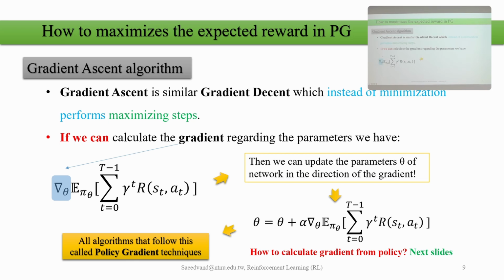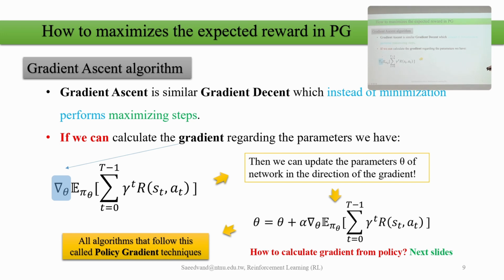So now what we want to do, we say, okay, this term over here is the gradient of the parameters of the expected reward. If you remember, we were calculating the gradient, the amount of change, for example of one function, and we were minimizing.